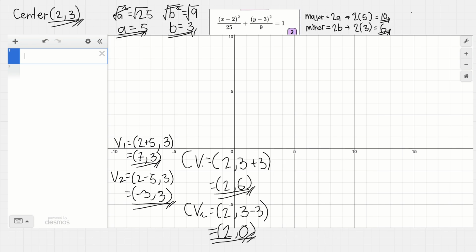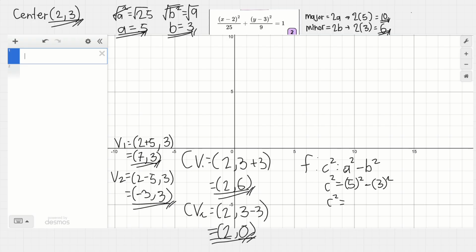Now let's get our foci. So c squared equals a squared minus b squared. Let's substitute the value of our a, which is 5 squared, minus the value of our b, that is 3 squared.